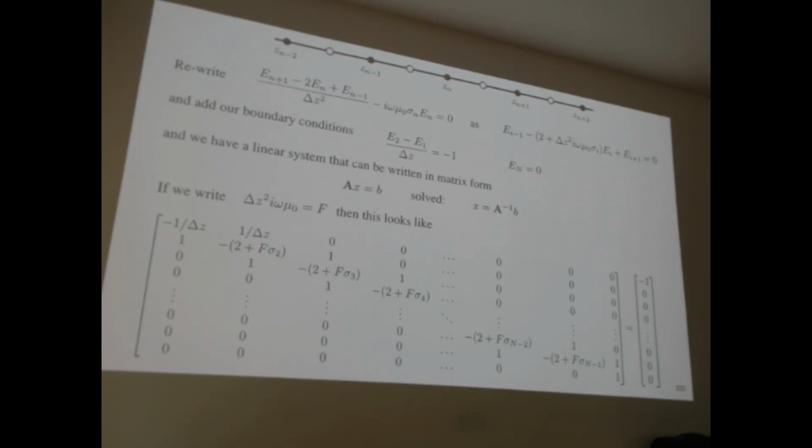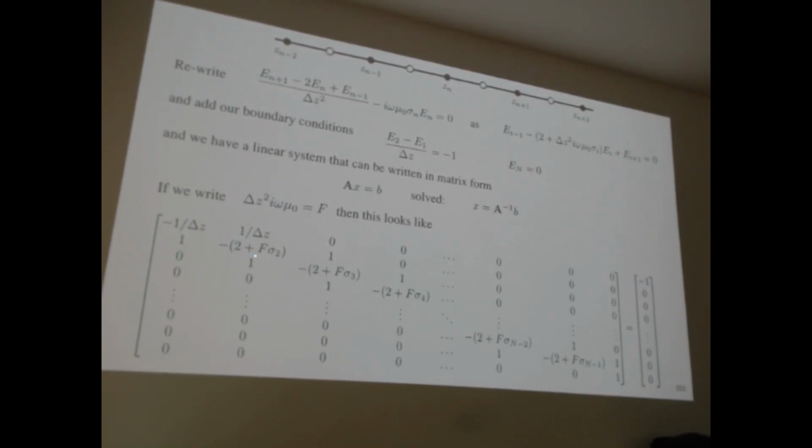And so if we write this complicated thing here as a single number f, then this system of linear equations in the matrix form, A here just looks like this. At the surface, we've got basically E1 minus E2 divided by delta Z is equal to minus 1.